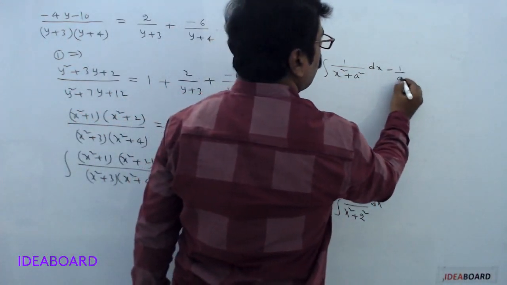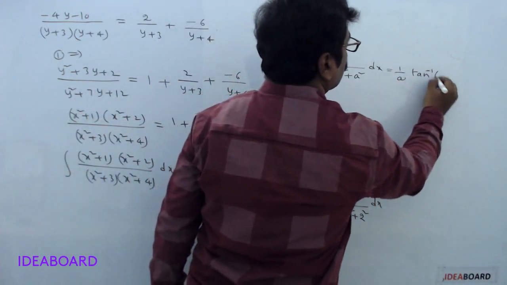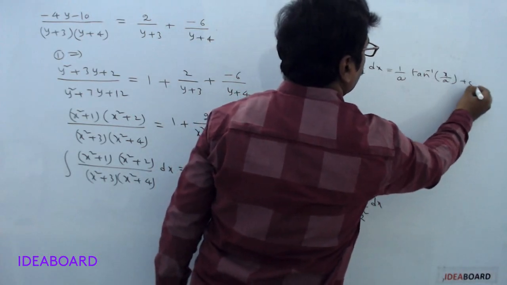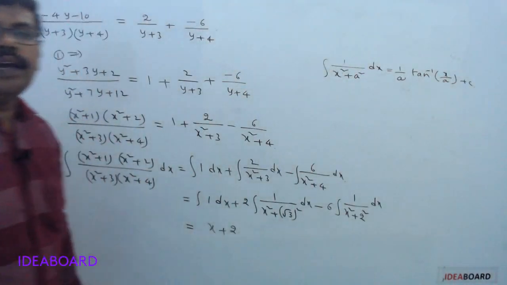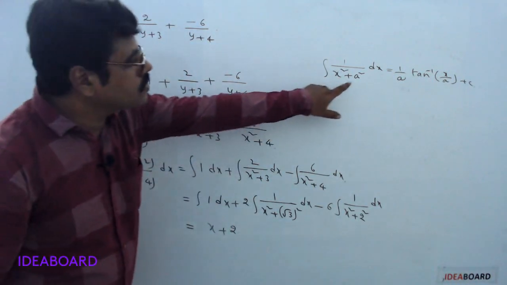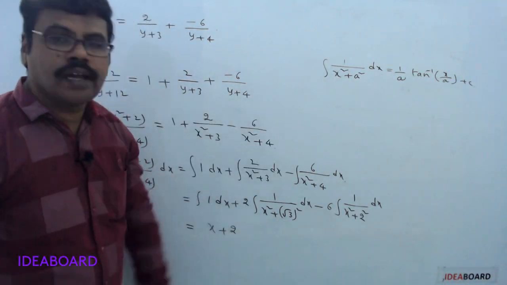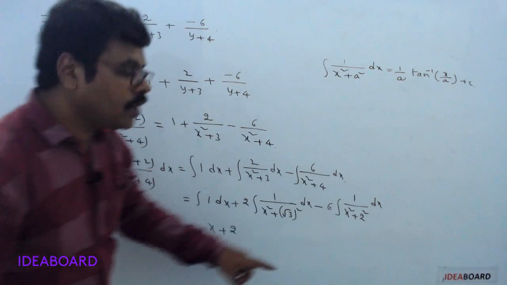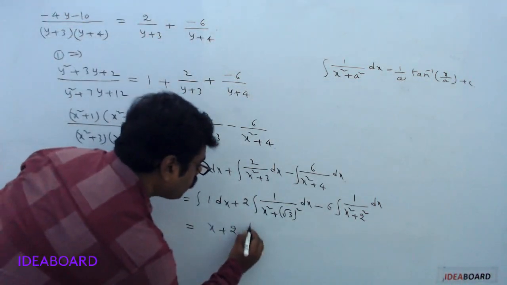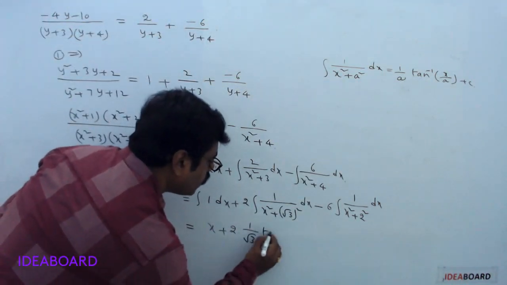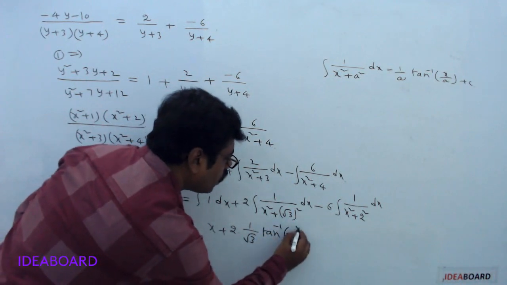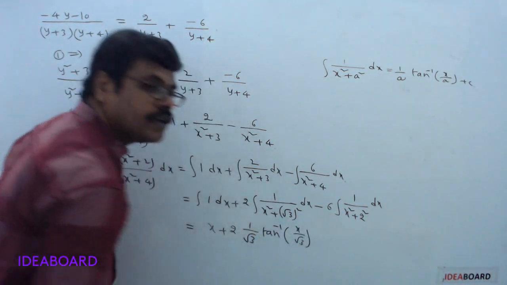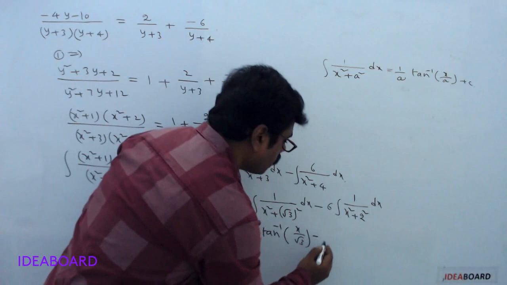What is this formula? 1 by a into tan inverse of x divided by a plus constant c. Now in place of a, there is a constant root 3. So use this formula on the second term: 1 by root 3 into tan inverse of x divided by root 3.